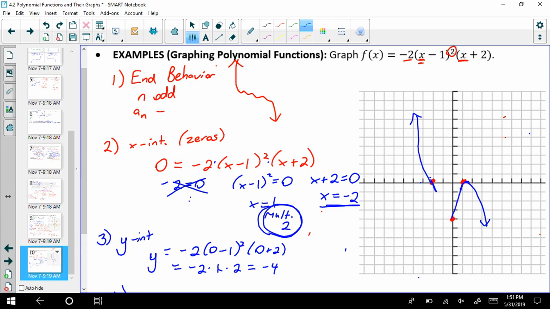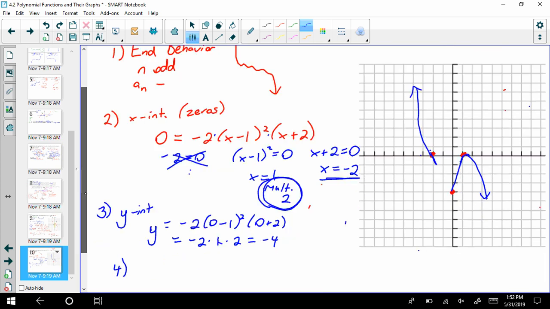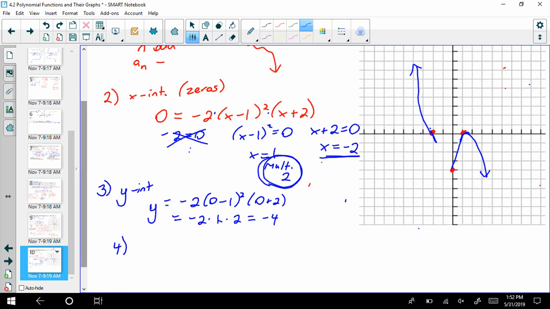The last thing is I'm not quite sure what's going to happen in between these. Do they connect here or do they not? If you're not sure, you can pick an additional point. So like if I made myself a little chart and I want to know if x is -1, what happens?